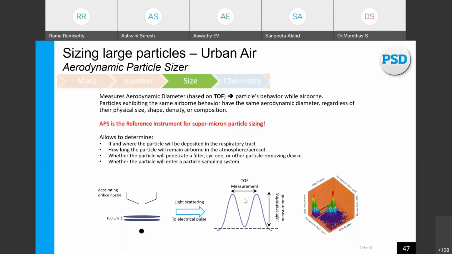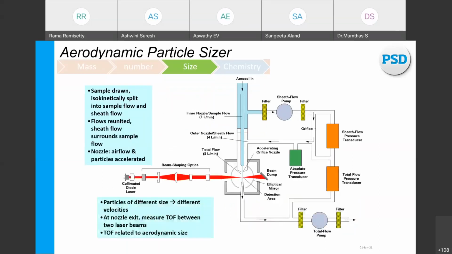In this method, there are no assumptions. Everything is clear here. We don't need to worry about the size, shape, or density. So in this method, we can get more accurate results compared to any optical method. This is the schematic diagram.